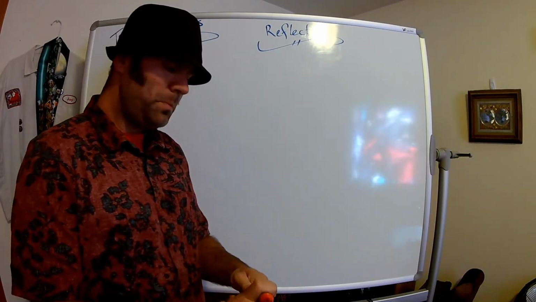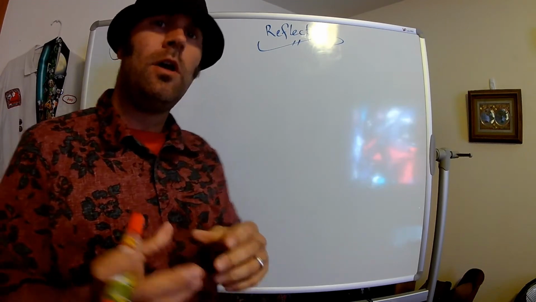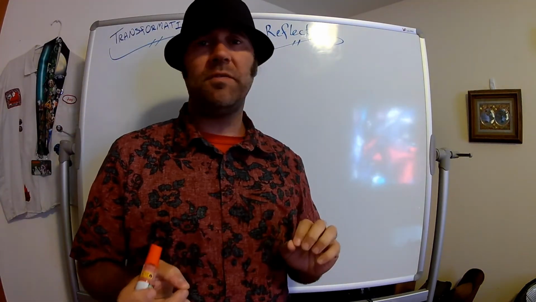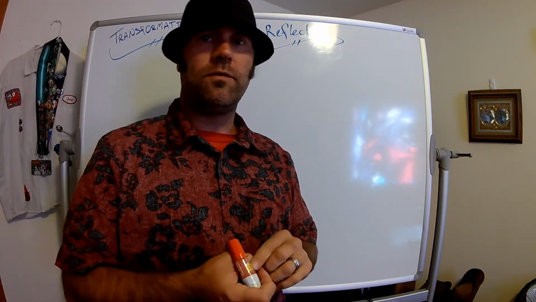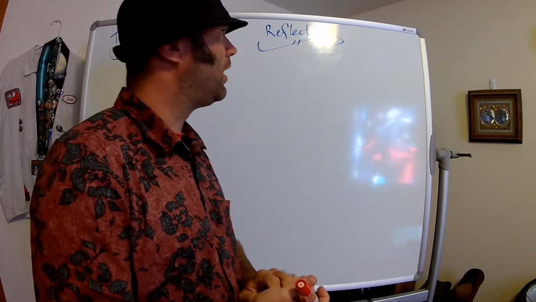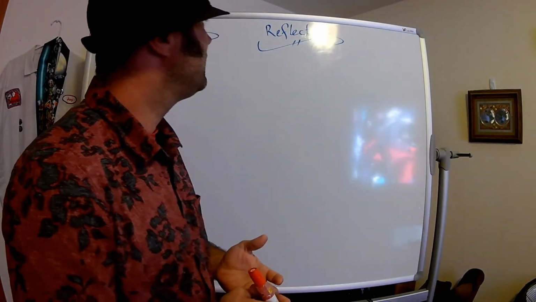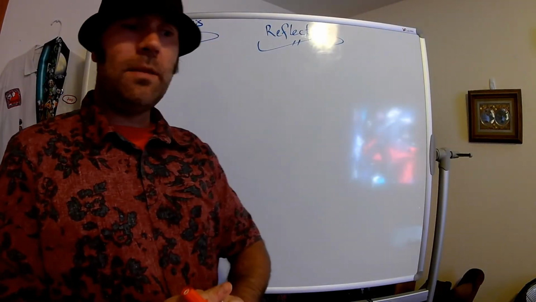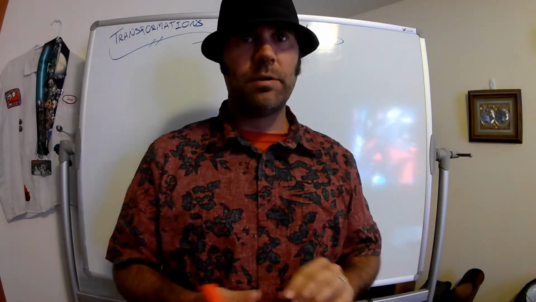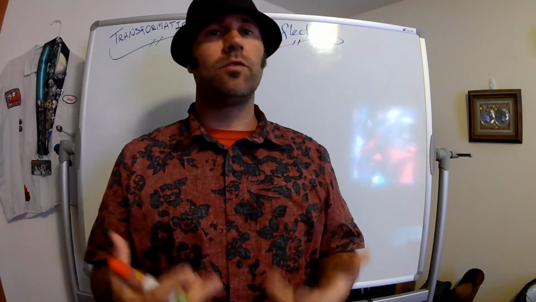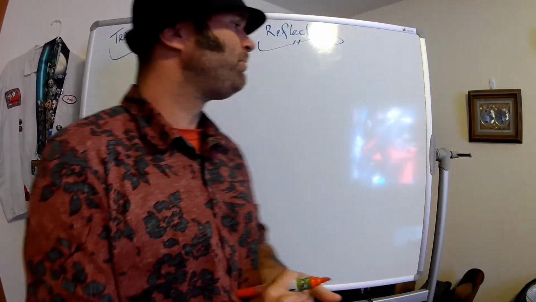So, we did go over reflections just briefly in the overview of transformations. Reflections are a form of transformation, and it's one in which we keep the same size and shape, so we keep a congruent figure.